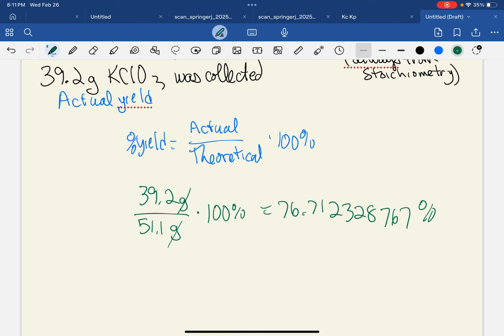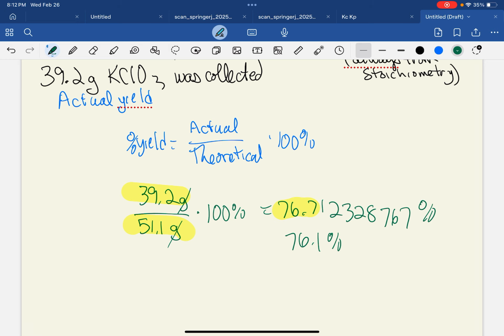And again, we started with 3 digits here and 3 digits there, so we should end with 3 digits here: 76.7%. That's good enough for us.